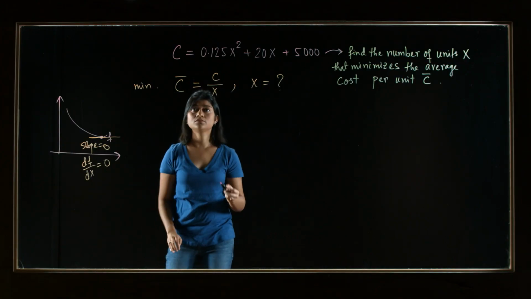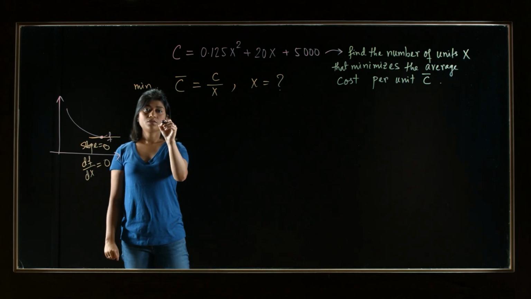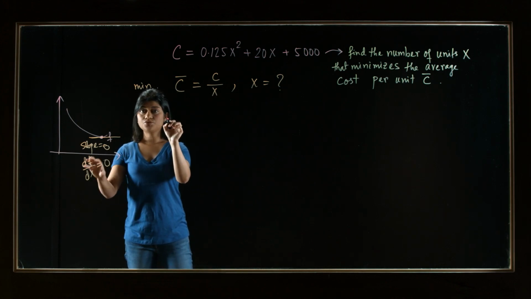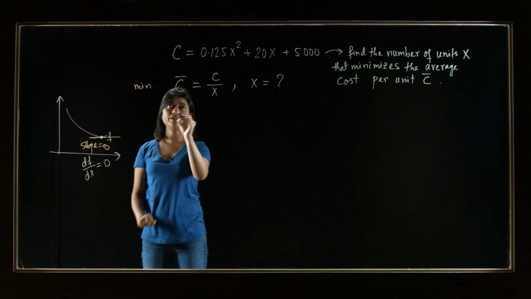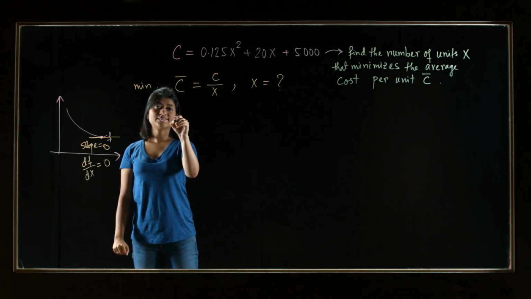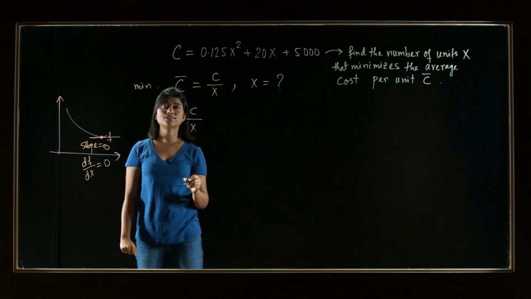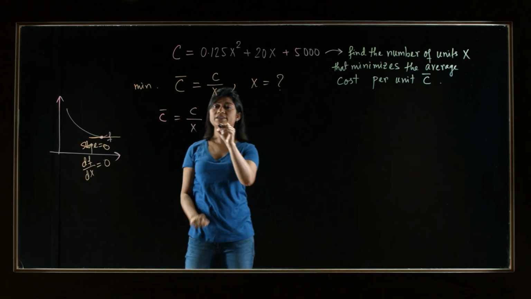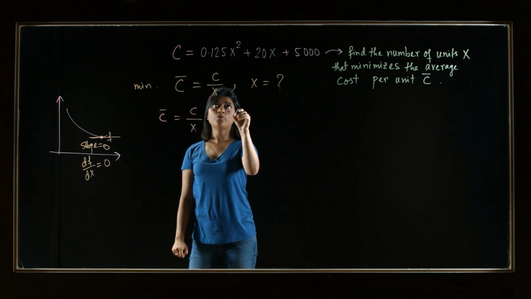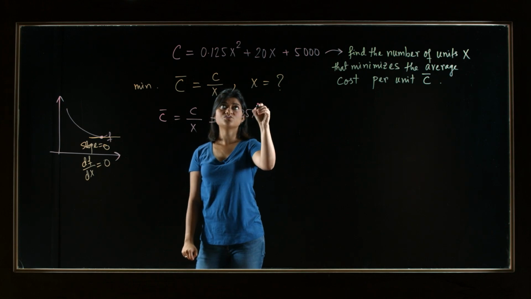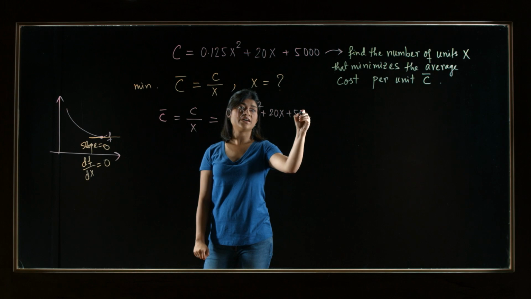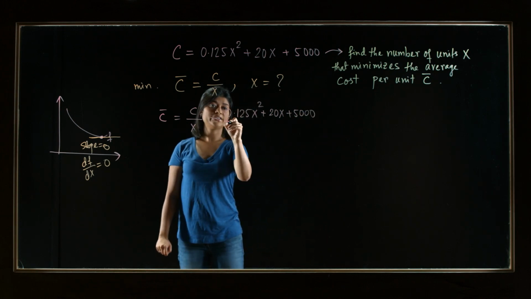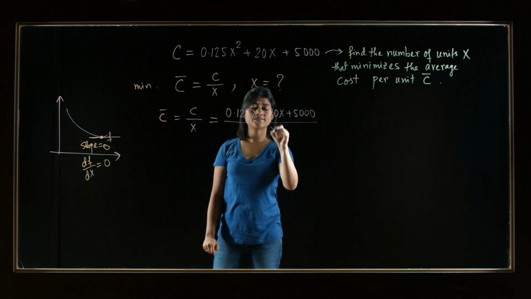All right. So we need to take the derivative of C bar. Let me rewrite what C bar is first. Like I said, it is C over x, and C is 0.125 x squared plus 20x plus 5,000, and divide the whole thing by x.